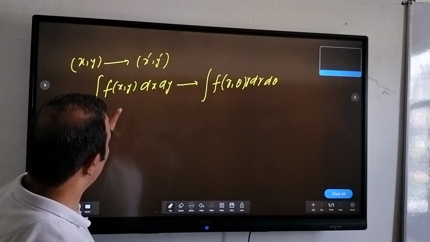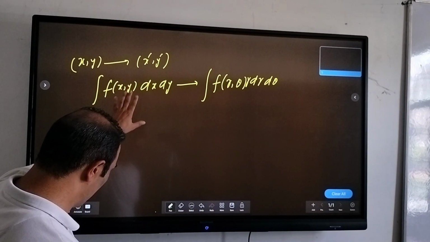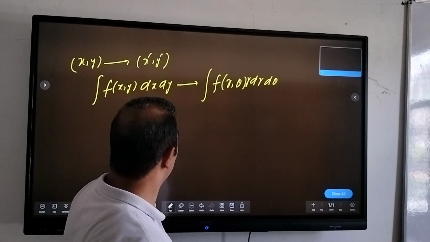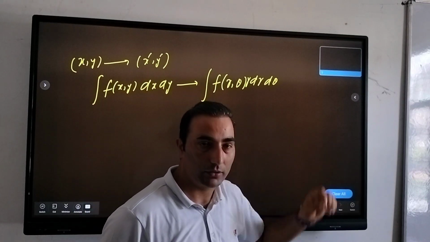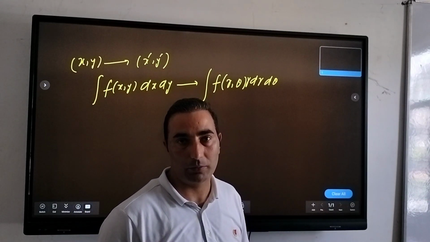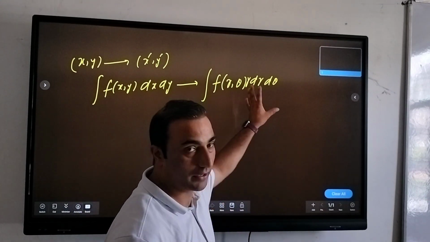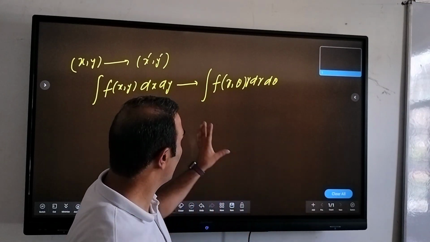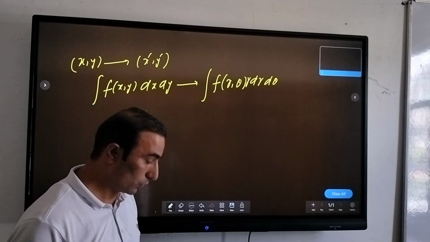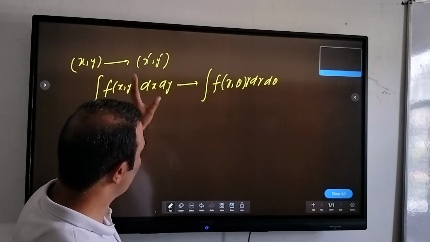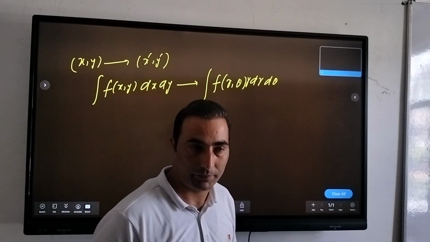So this is basically how this integration transforms, right? If you go from Cartesian to plane polar coordinate system, r theta, we have to see how this integration changes if you go from xy to the r theta coordinate system, right?